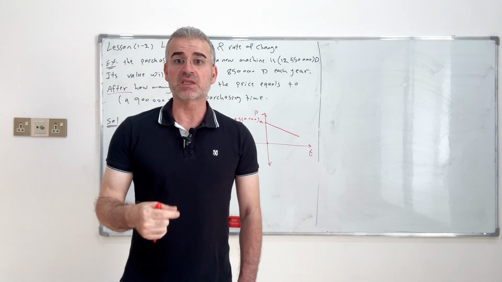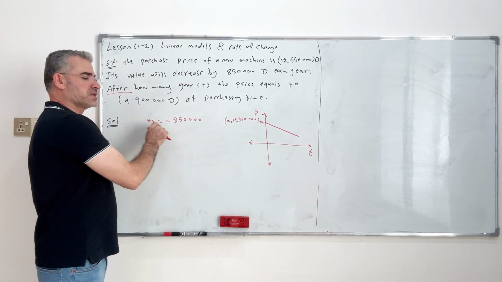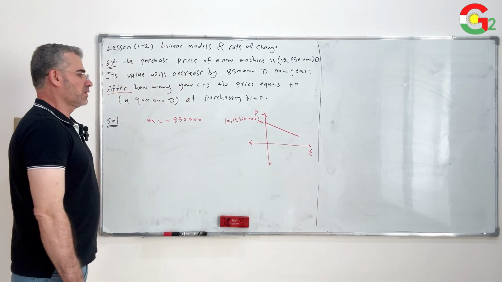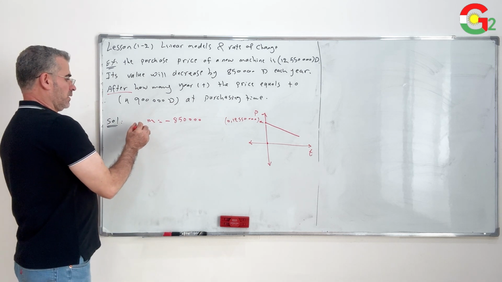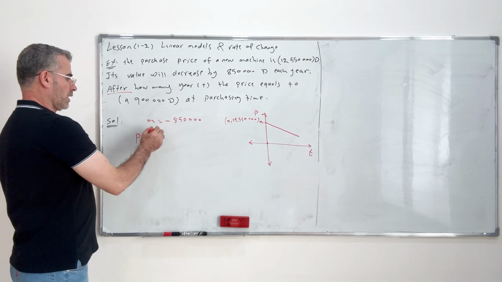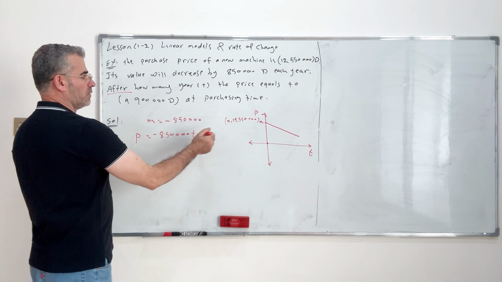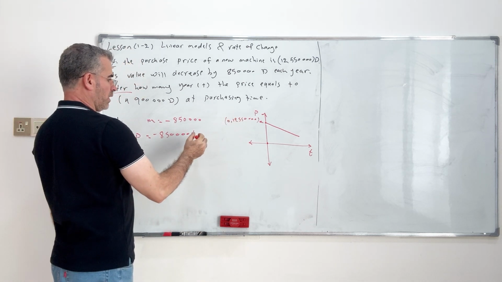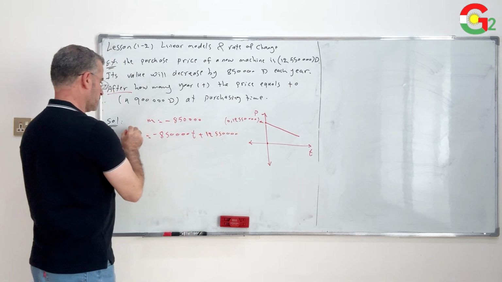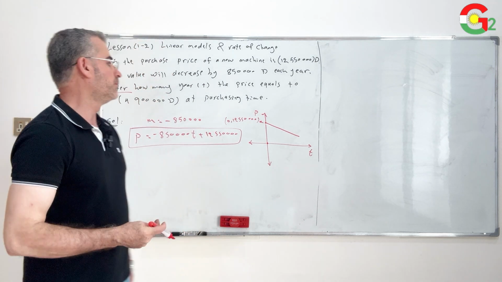Since it decreases every year by 850,000 dinar, the slope of this line is negative 850,000. Then the price of the machine equals the slope times the time plus the y-intercept, 12,550,000. This is the linear equation of this problem.